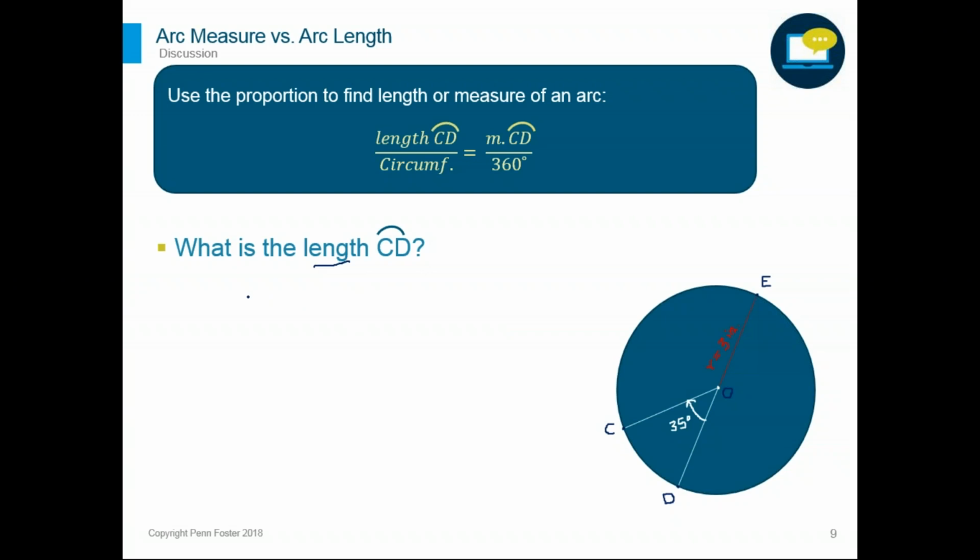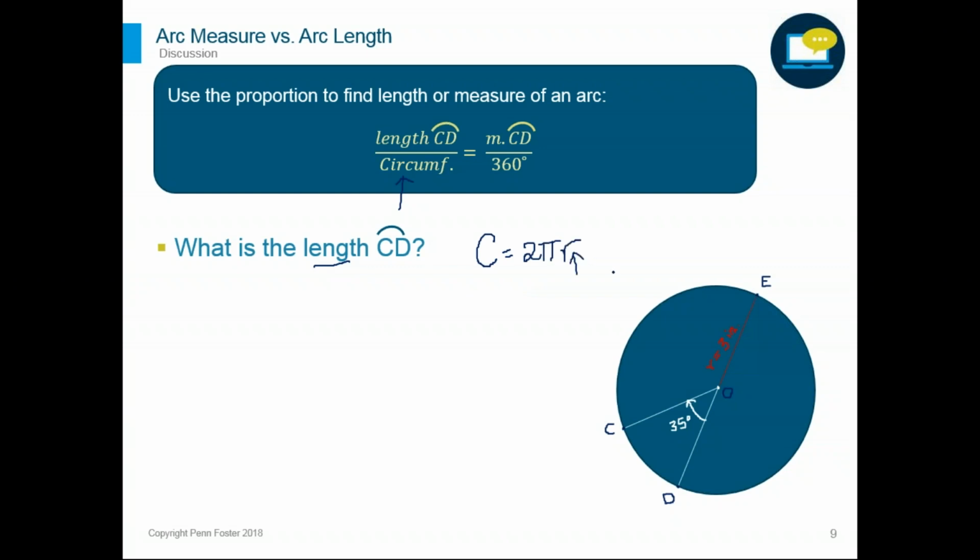Let's do that together. So since we need the circumference of the circle, and I'm looking at the circle, nothing gave me the circumference of the circle, but they gave me the radius of the circle. We know the basic formula for finding the circumference of a circle. So circumference C equals 2 pi r.